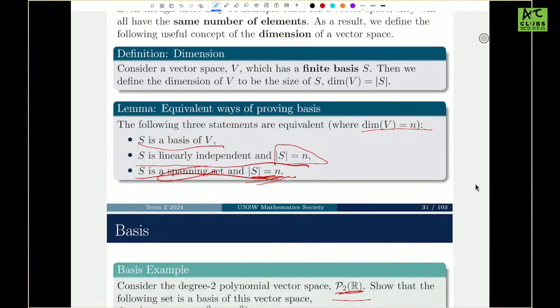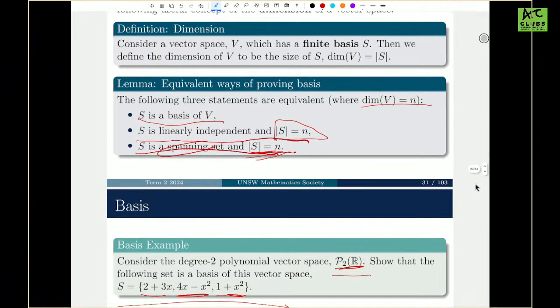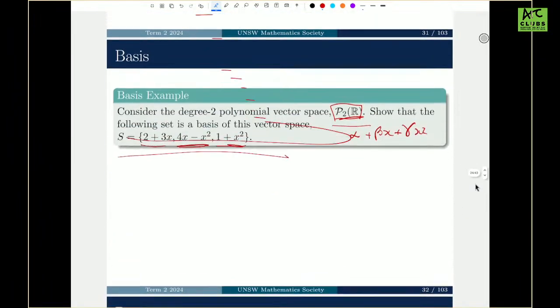we have this. It should be clear that the dimension of these polynomials of degree 2 is 3, because they're all polynomials in the form of alpha plus beta x plus gamma x squared. So we could go with the second thing.